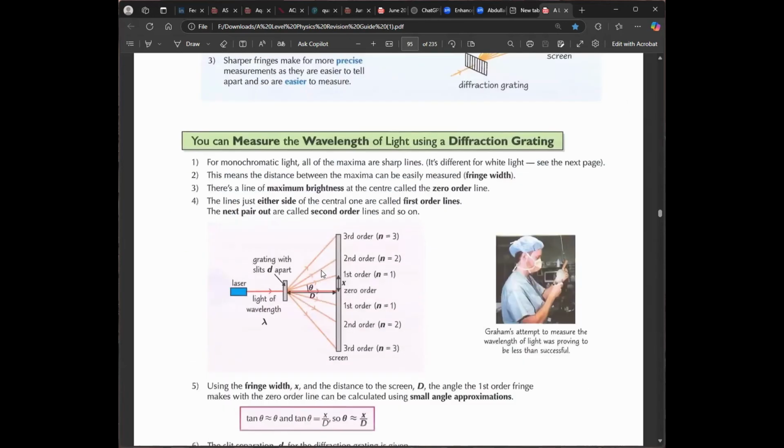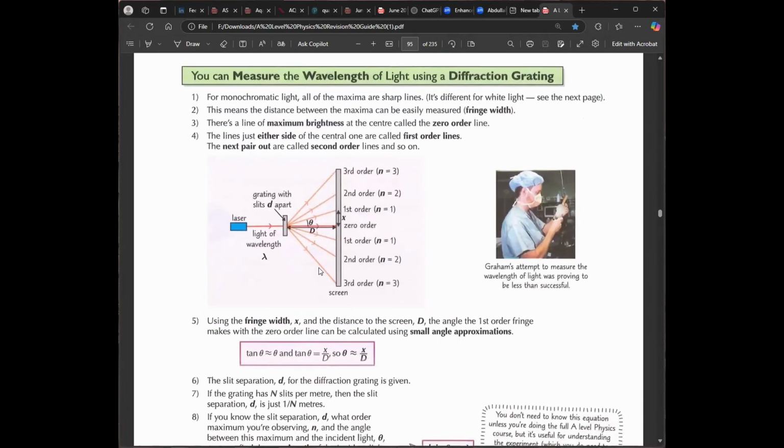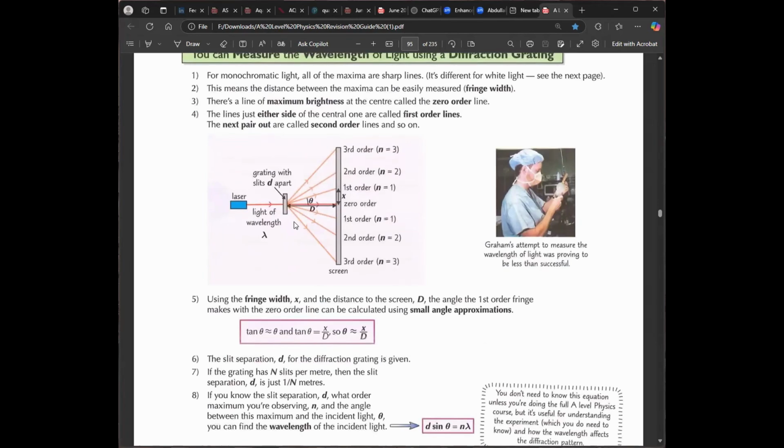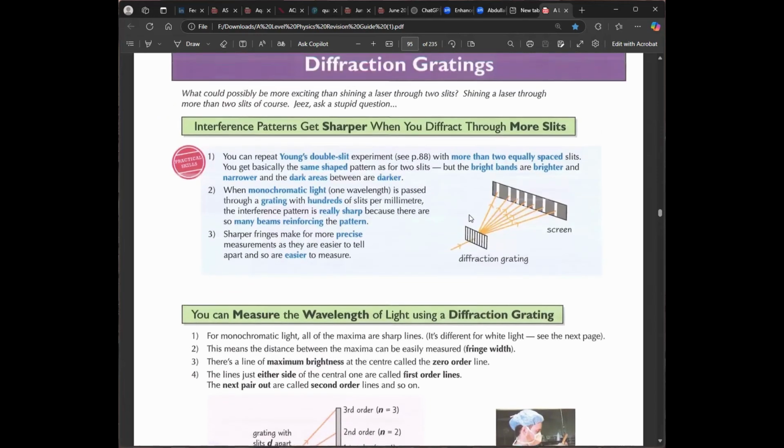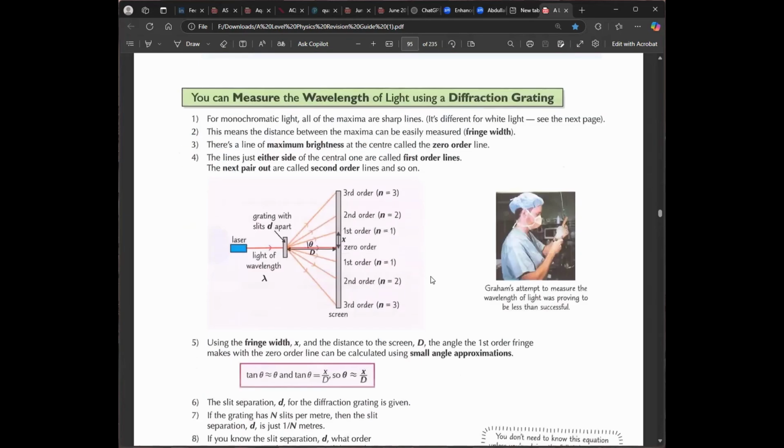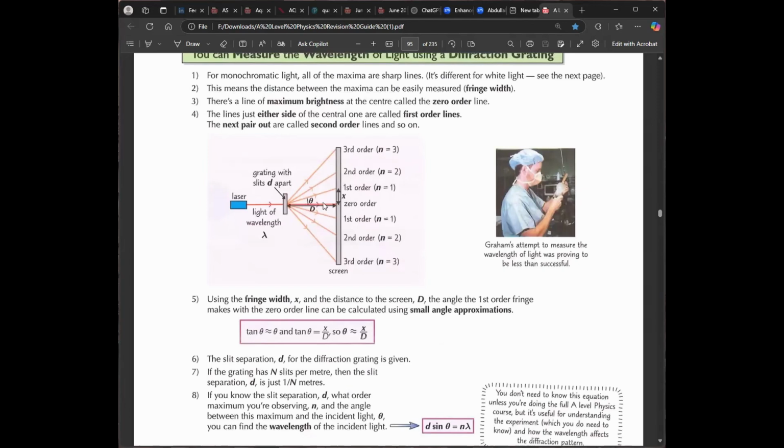Diffraction grating. I'll just quickly have a look at this as well. Diffraction grating is similar to how it happens in the double slit experiment, but with a diffraction grating you have multiple slits, so you have sharper bands or sharper fringes that you can see on the screen. The other thing you should know is that wherever you have bright fringes, they are said to be at an order.